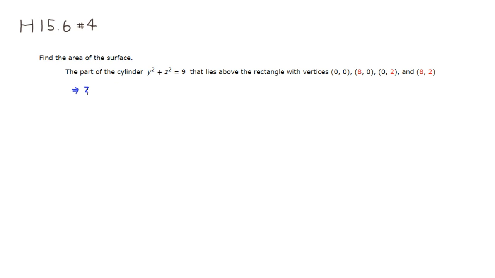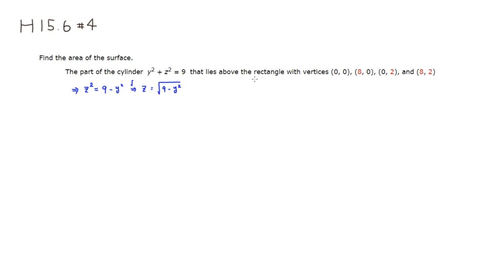So we have z squared is equal to 9 minus y squared. Then we can take the square root of both sides, so z is equal to the square root of 9 minus y squared.